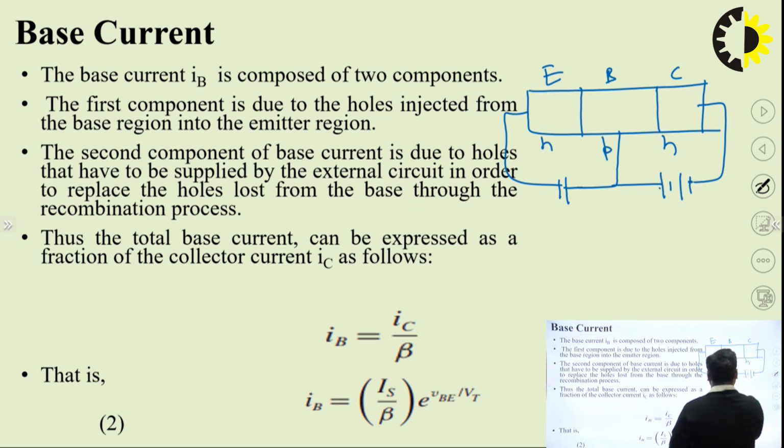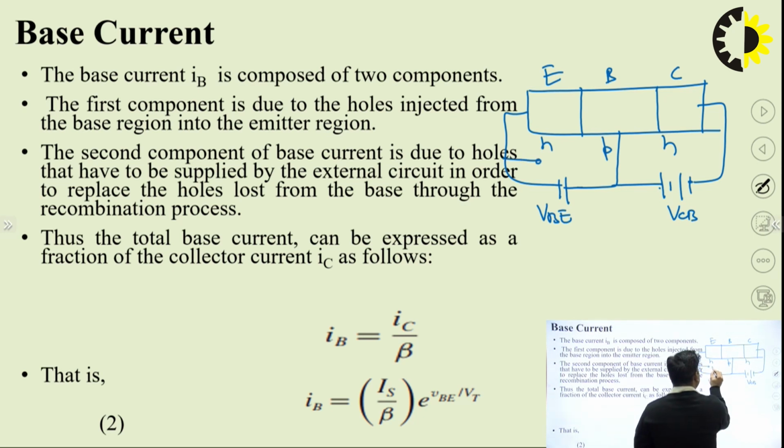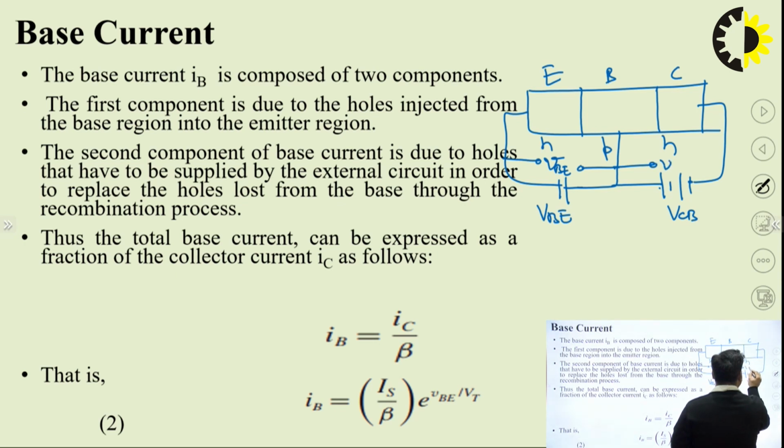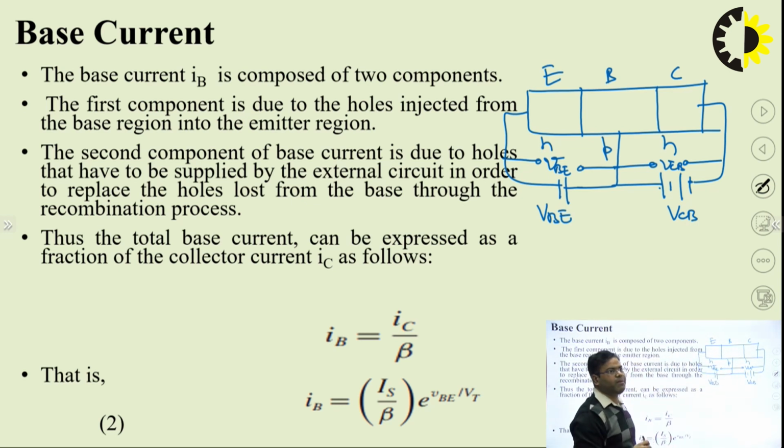This is the voltage VBE, this is the voltage VCB. If we have applied some AC voltage also, then the total voltage can be written as VB, applied between emitter and base, and the total voltage VCB is applied between collector and base. This is the arrangement we showed in the previous diagram.